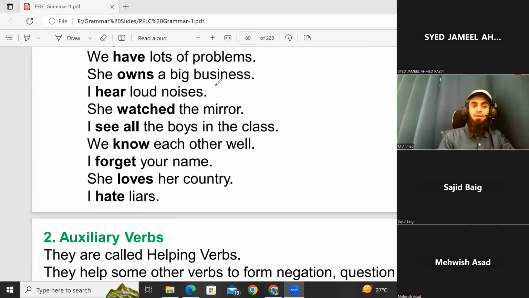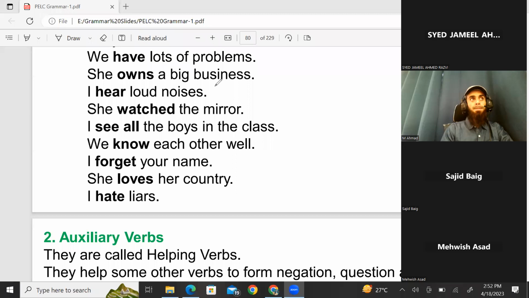These are states. If you're looking at something, this is a state, not an action. Even if you are moving your eyes, that is not a proper body action, right? Okay. Next: I watched, I see, we know, I forget, she loves, I had. So these are stative words.